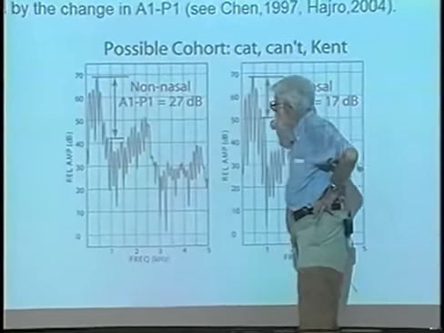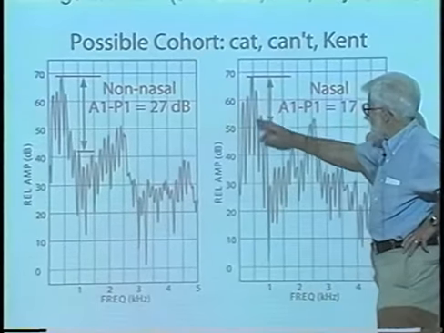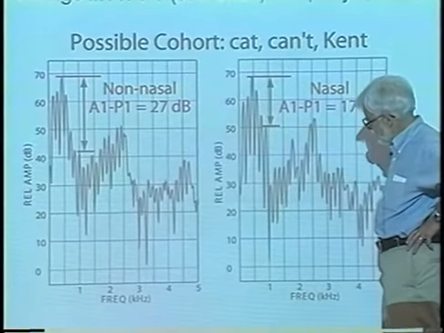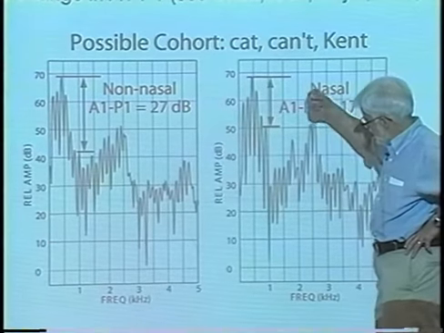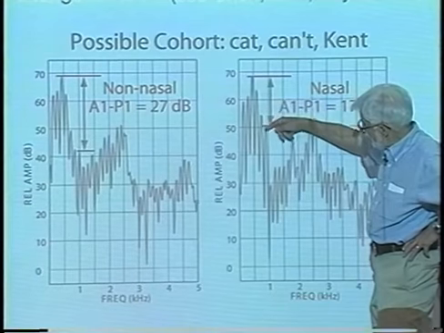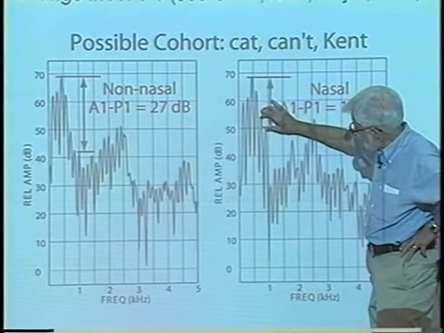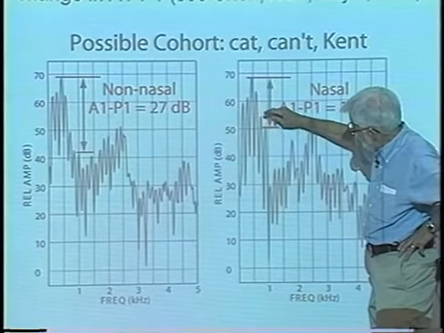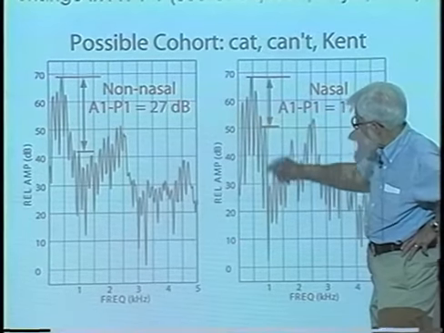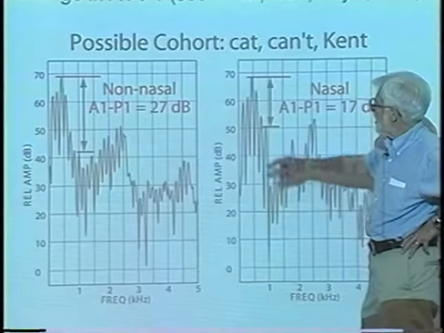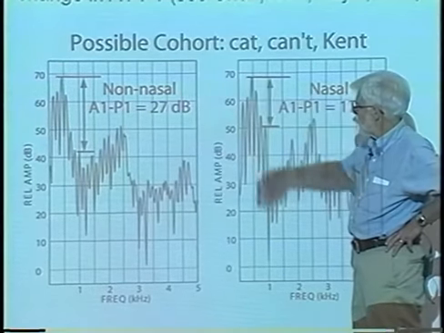If you look farther on in the vowel, you will see a spectrum that looks like this, which is a subtle difference, but we do know that nasalization will usually give you an enhancement in around 1 kilohertz, actually a pole-zero pair here, and will often reduce the amplitude of the first formant.